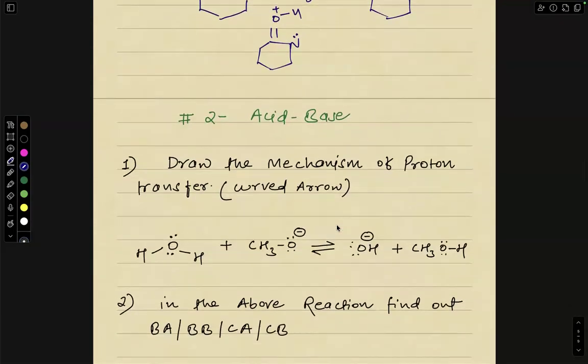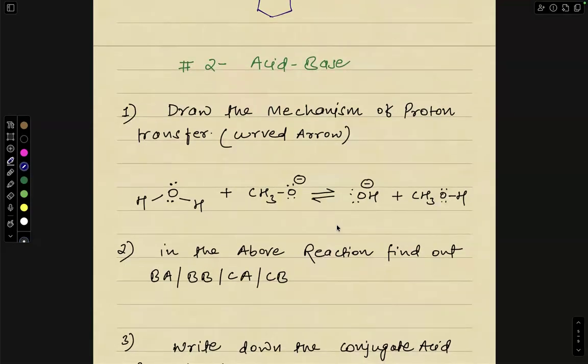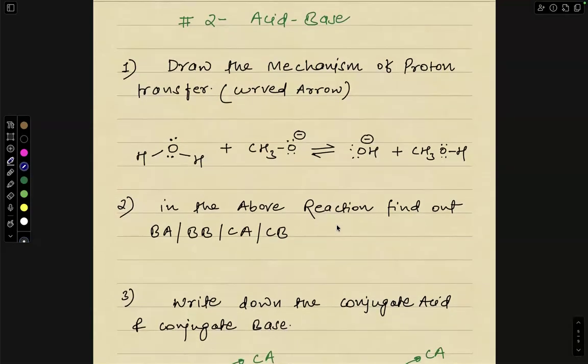Perfect. Now the next chapter is acid and base. Okay, so draw the mechanism of the proton transfer with curved arrows. Look at the simple thing. This is the product, this is the reactant. You can see here that water becomes OH minus.